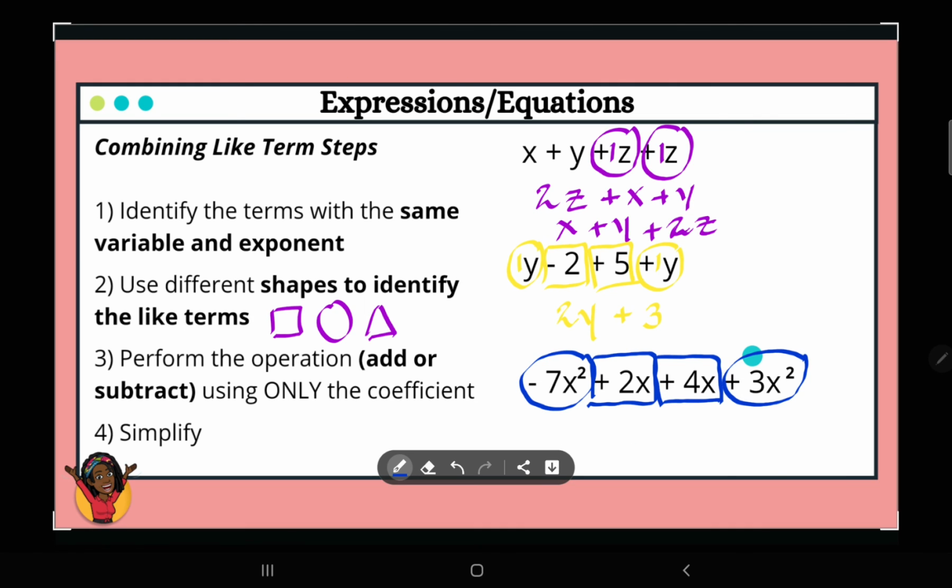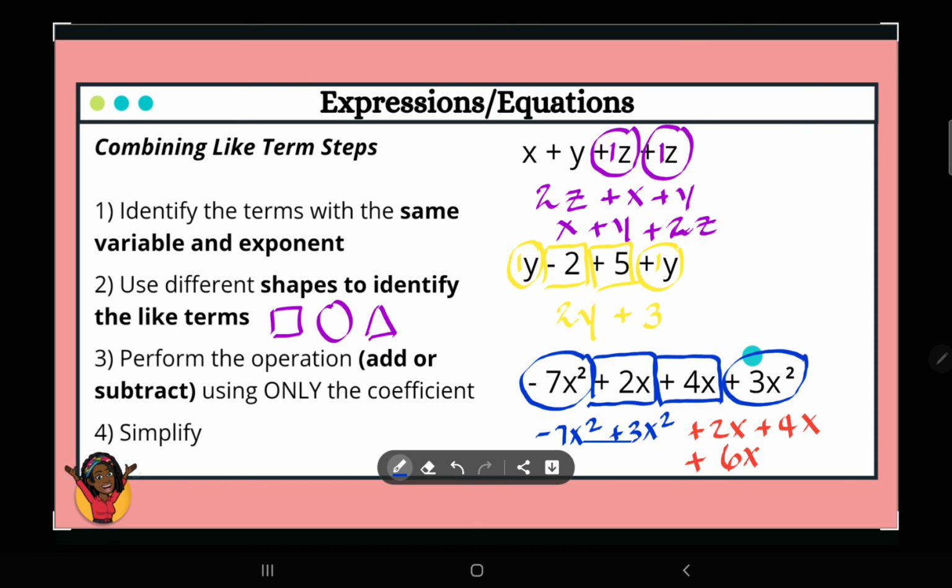So I can rewrite this so that they're together. So negative 7x squared plus 3x squared, and then positive 2x plus 4x. So I changed my colors here just so that it's easier for you to differentiate between what's being added. So positive 2x plus 4x is a positive 6x.